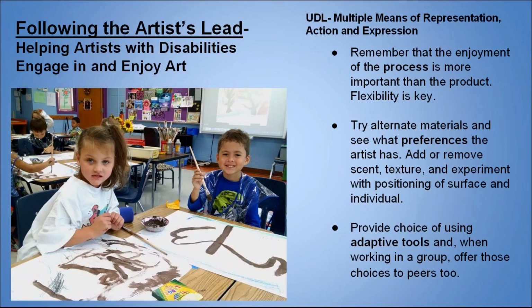So we'll talk a little bit about scent and texture and other sensations, and also the positioning of the environment and the work surface can be really important to comfort and access. And then we'll talk about some adaptive tools too.